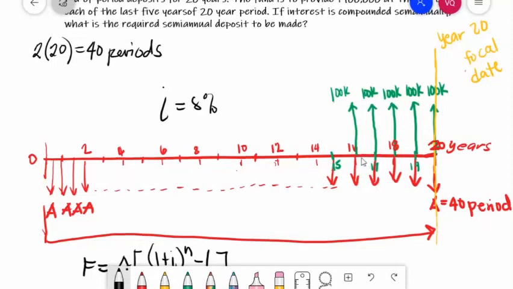And then at the end of the last 5 years of 20 years, we provide deposits of 100,000. So, we set our focal date at year 20 and our interest is 8%.